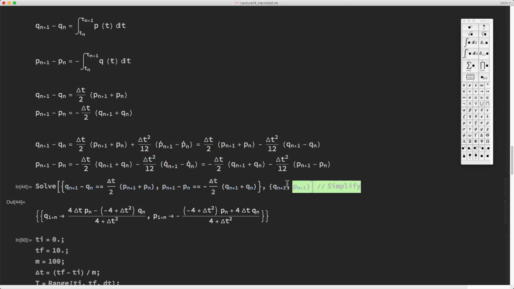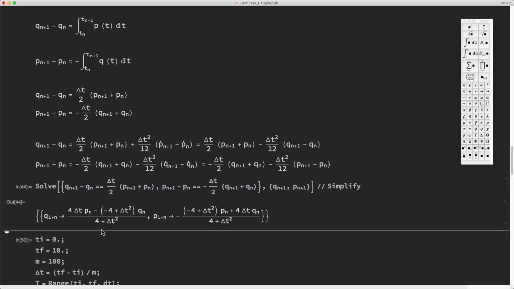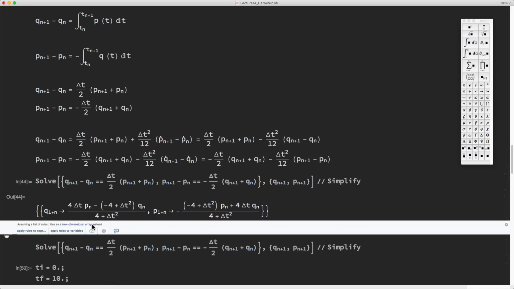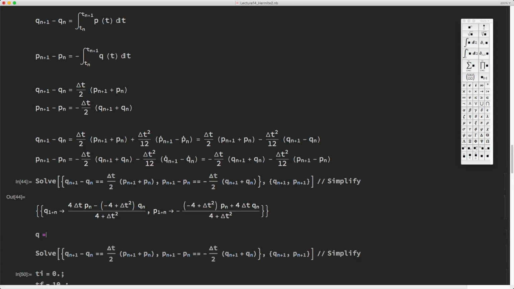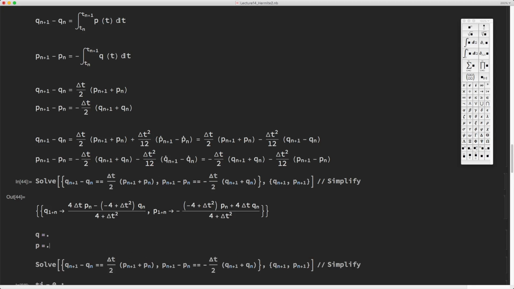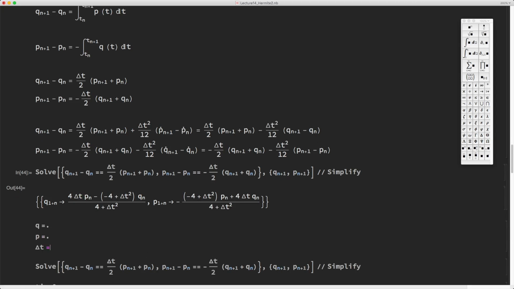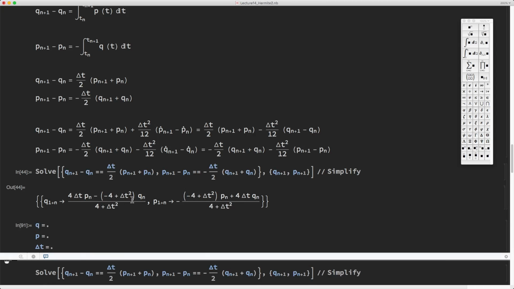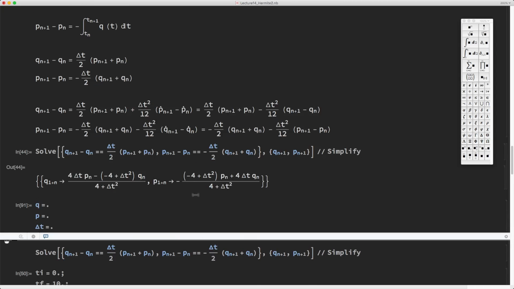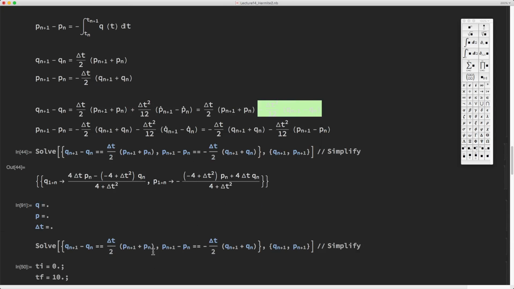So let me first clear Q and P, and let's clear delta T.